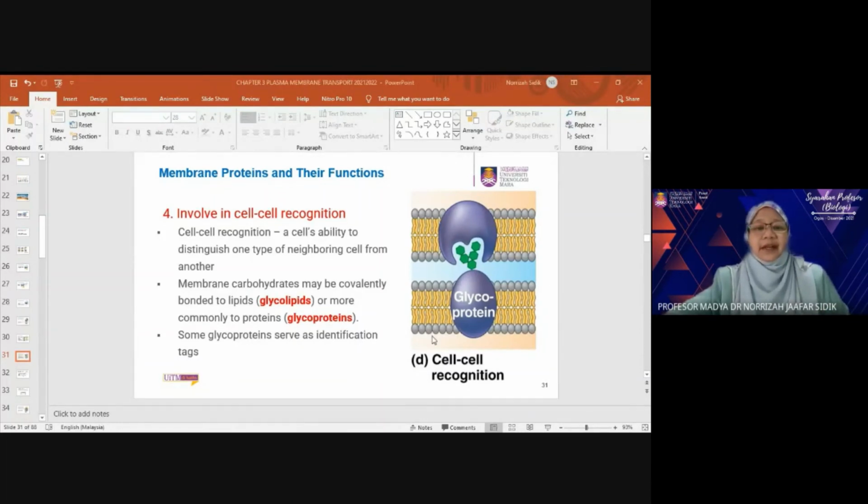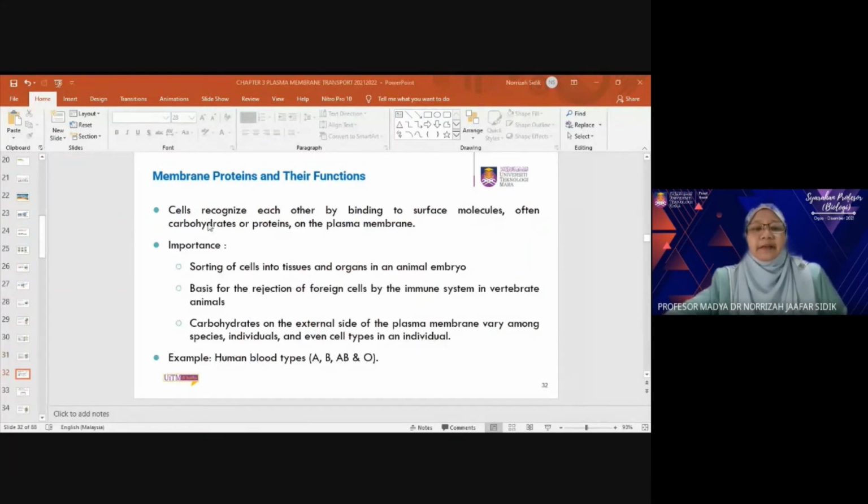Cells recognize each other by binding to surface molecules, often a carbohydrate or protein on the plasma membrane. This is important for sorting of cells into tissues and organs in animal embryos. It is also the basis for rejection of foreign cells by the immune system in vertebrate animals. Carbohydrates on the external side of the plasma membrane vary among species, individuals, and even cell types in an individual.